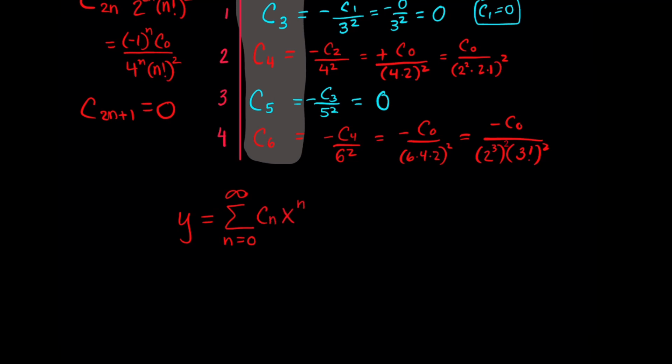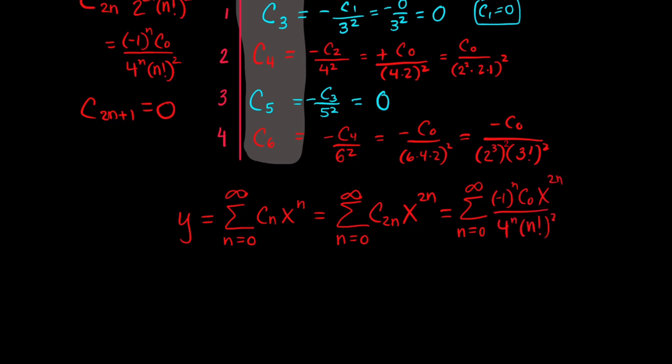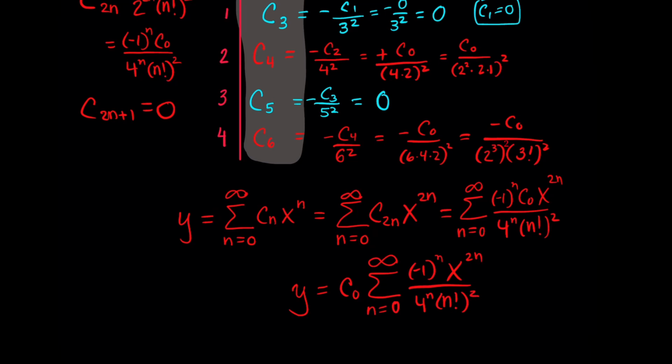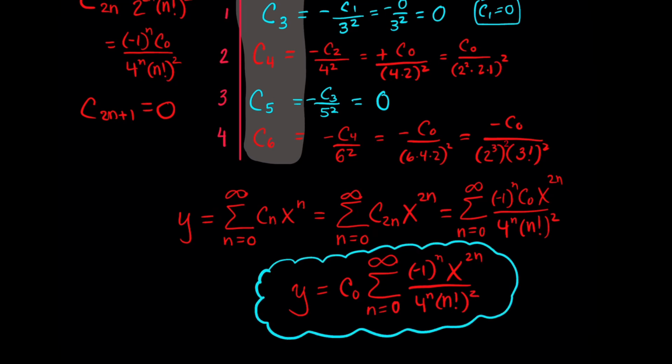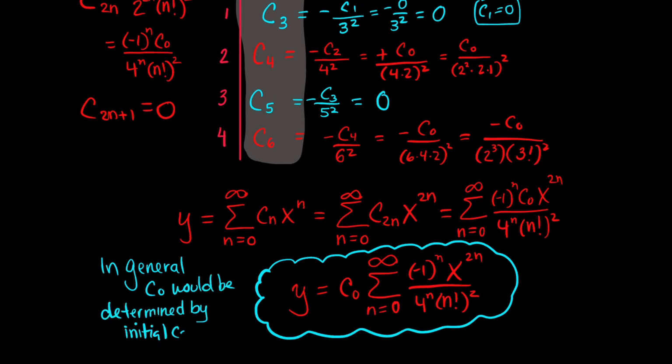All the odd coefficients would be 0, so writing out our final solution, y is equal to the infinite series, starting from n equals 0 to infinity, of negative 1 to the nth power c sub 0 x to the 2n power over 4 to the n times n factorial squared, where the coefficient c sub 0 would be determined by some initial conditions given by the differential equation. And so this represents the general solution. And the one that we verified earlier was with c sub 0 equal to 1.